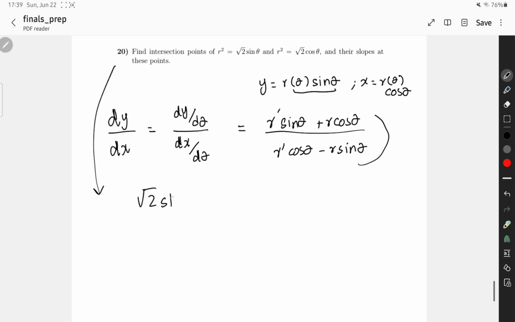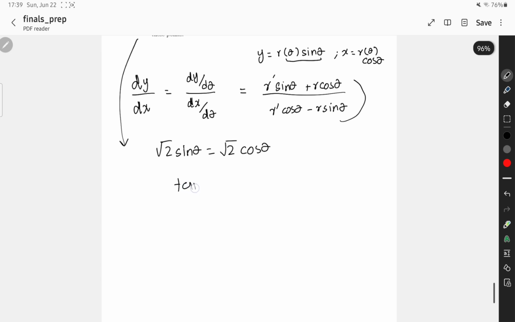So root 2 sine theta equals root 2 cosine theta, which simply means tan theta is equal to 1. When is tan theta equal to 1? Very famously, that is 45 degrees or pi by 4. So your theta is pi by 4.